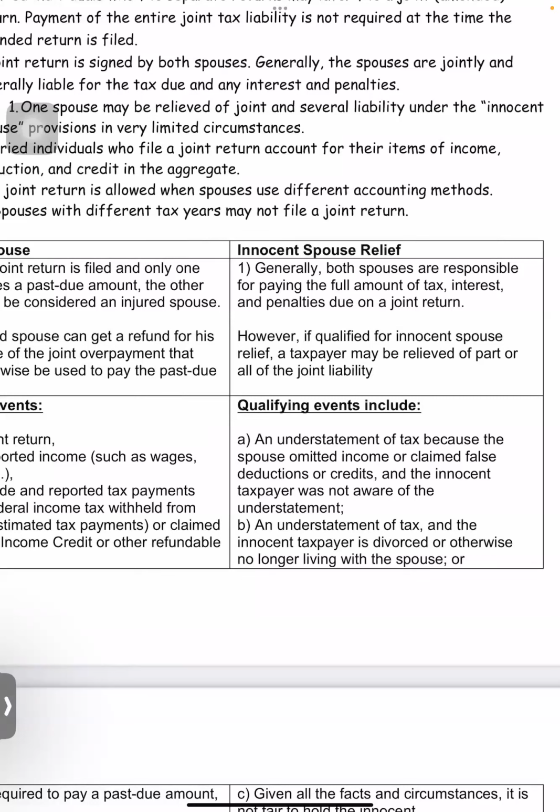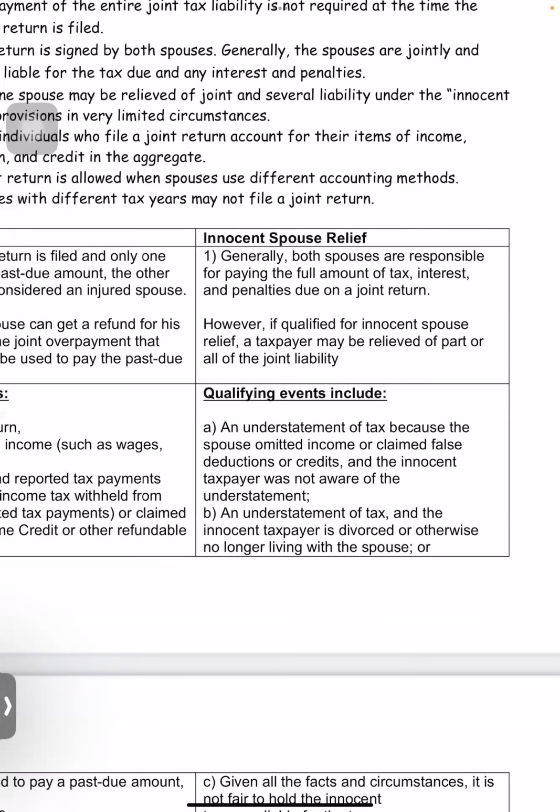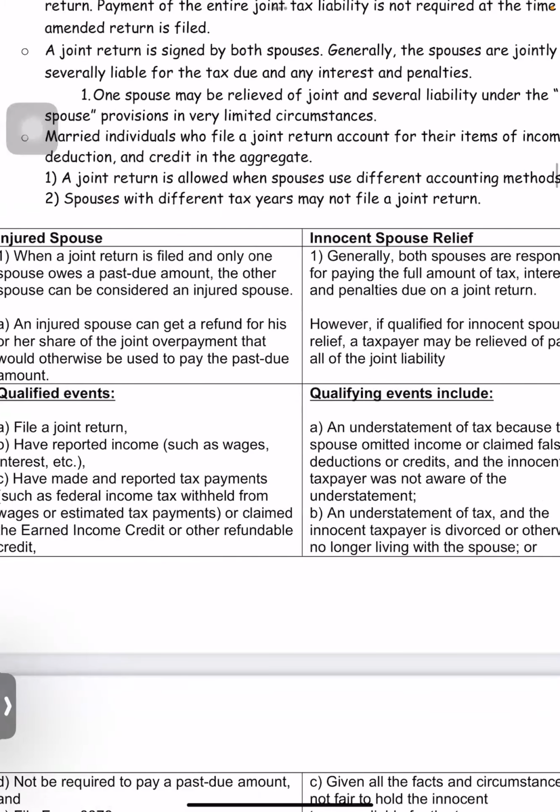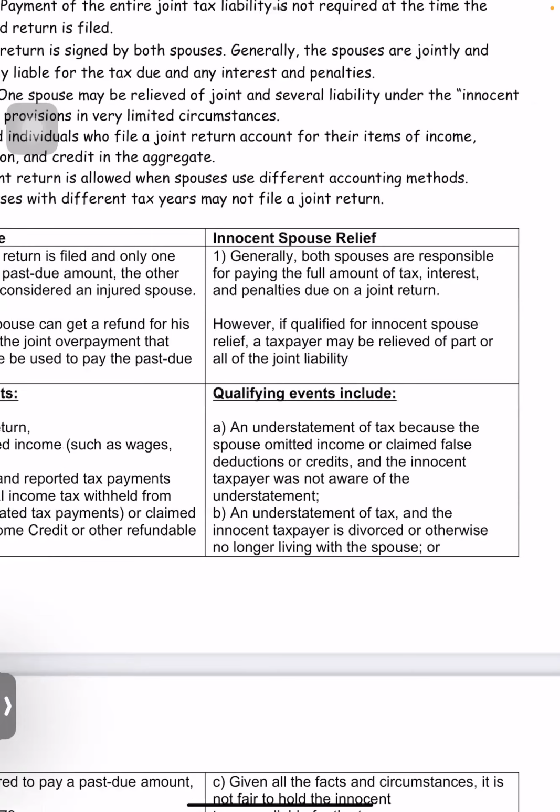If a person is divorced and they are not living together, they usually use the innocent spouse relief option, because there is an understatement of tax and the innocent taxpayer is divorced or otherwise no longer living with the spouse. In those situations, innocent spouse relief is used most of the time. If people are still living together, there is no need to file a joint return in innocent spouse relief.